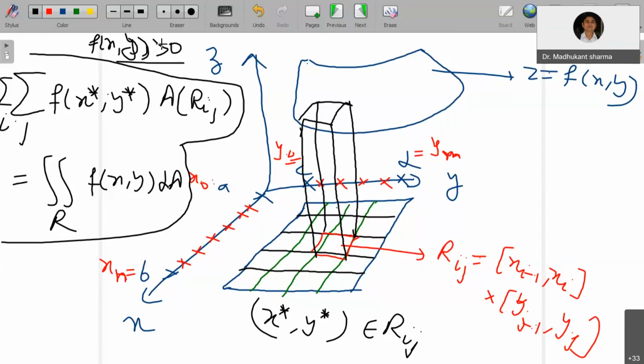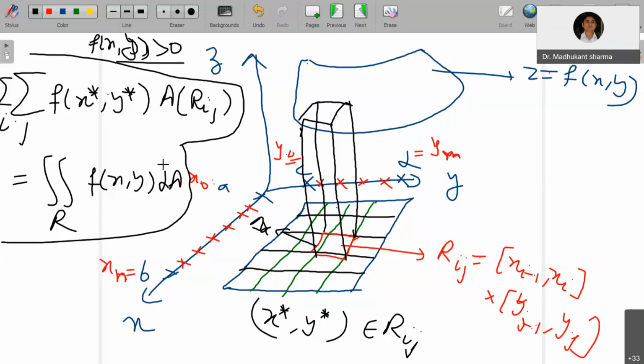Right. Now, is there any doubt in the approximation? So what is the area of Rij? You have this length which you can denote by delta x, and in the y direction you have delta y. So delta x into delta y is the area, as you know the area of a rectangle is length into width.